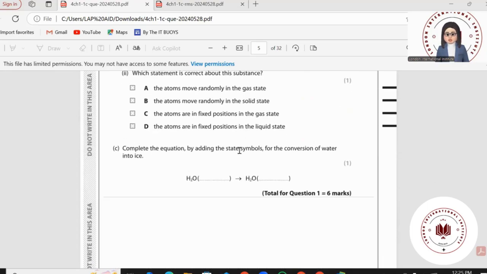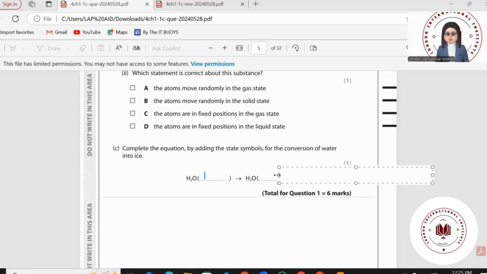Complete the equation by adding the state symbols for the conversion of water into ice. So we know that water is liquid, so we would add an L over here. My apologies, it's L over here.